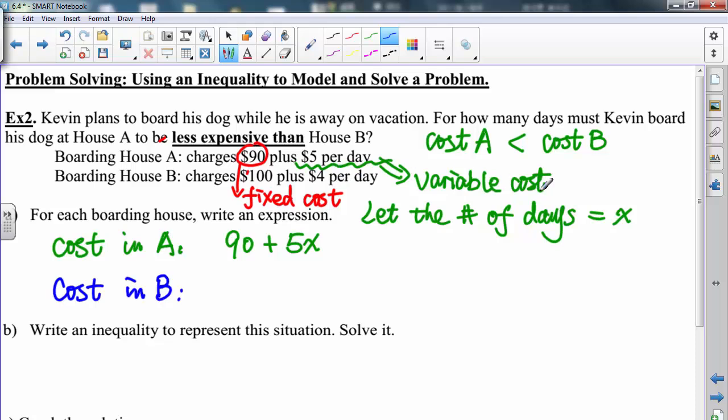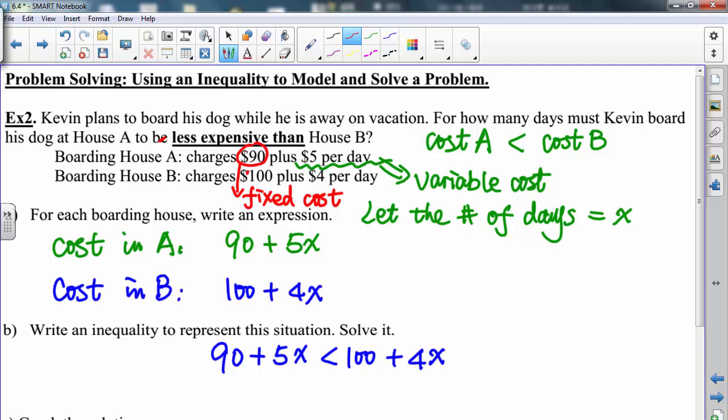This one is the variable cost, depending on how many days you want to board your dog in. So the total cost boarding in house B will be 100 plus 4x. Write an inequality to represent this situation. The cost boarding in house A is less than the cost boarding in house B. So we will have 90 plus 5x less than 100 plus 4x.